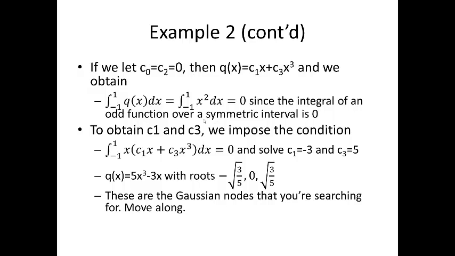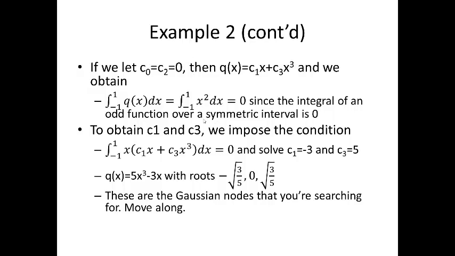To obtain c1 and c3, we impose the condition that the integral from minus 1 to 1 of x times c1 x plus c3 x cubed dx equals 0, and we solve, and we get c1 is equal to minus 3, and c3 is equal to 5.